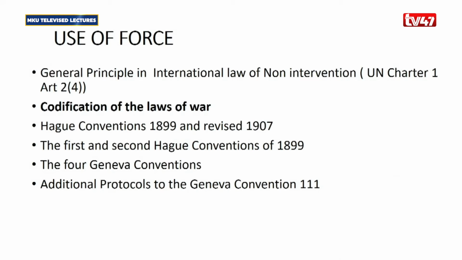Then we have the 4 Geneva Conventions. These Geneva Conventions address how force will be used and against which people. Further to the Geneva Conventions, we also have additional protocols. A protocol is an addition to a treaty.